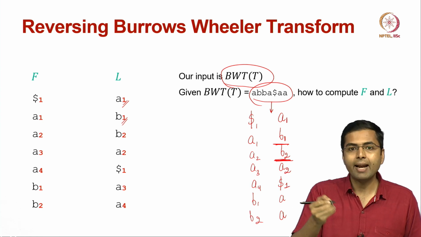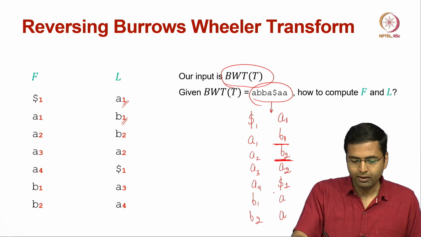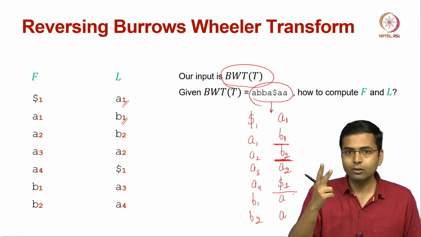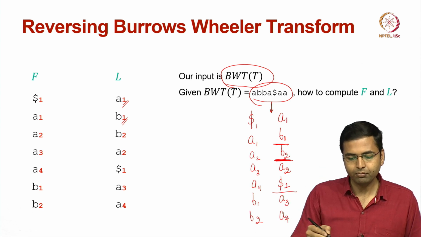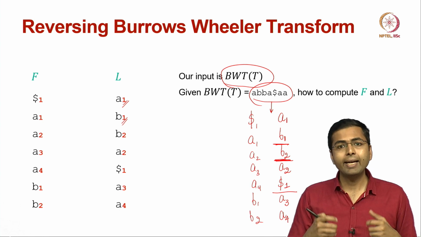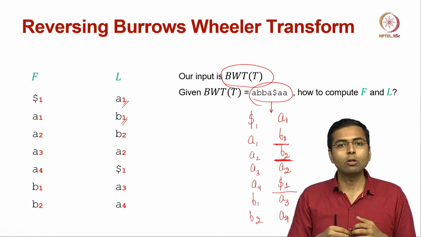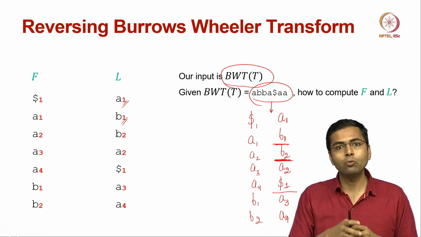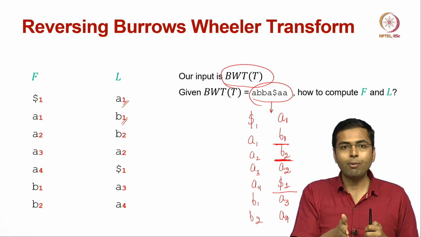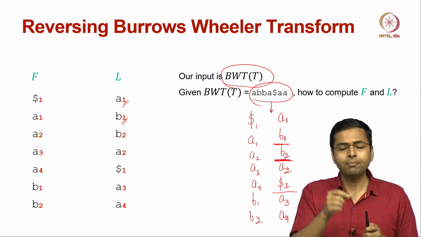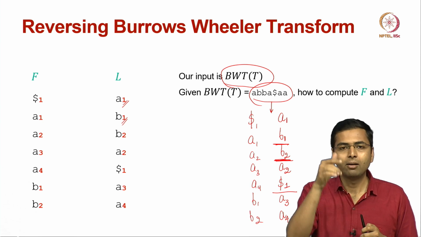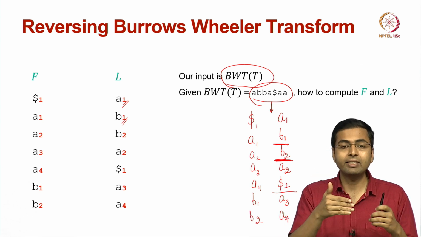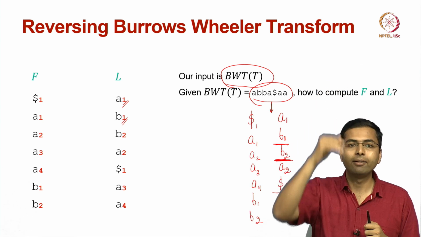Dollar will always be given rank 1. Until here we have seen 2 occurrences of A, so this will be given rank 3 and 4. So, again getting column L is also trivial in some sense. All I need to do is list the Burrows Wheeler transform and then mark the individual ranks of that symbol based on how many characters of the same type I have seen until then.